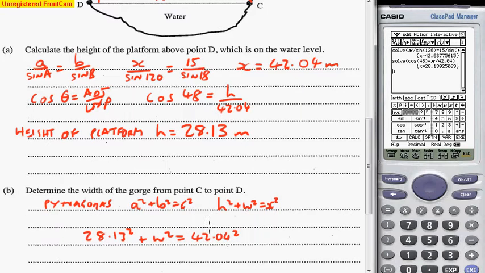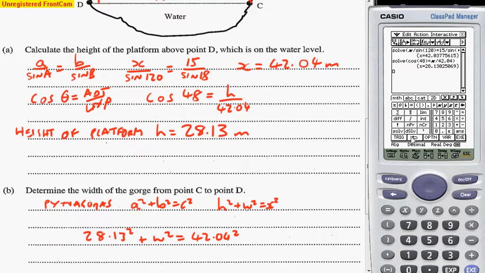and I will get the calculator to solve that because the calculator is very good at calculating. Here we go, calc, solve. I'll just type that in like it is. So I've got 28.13 squared plus I've got to get w squared.